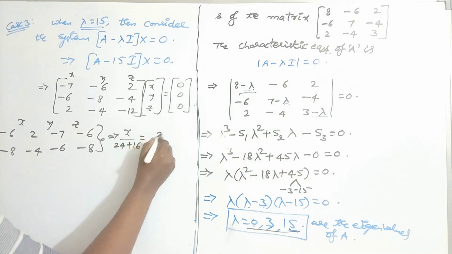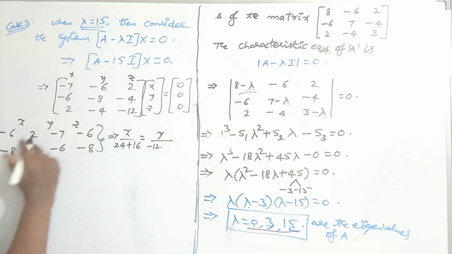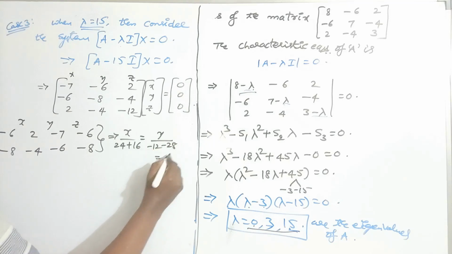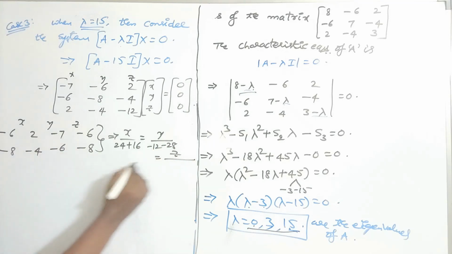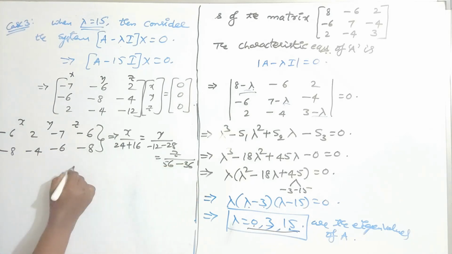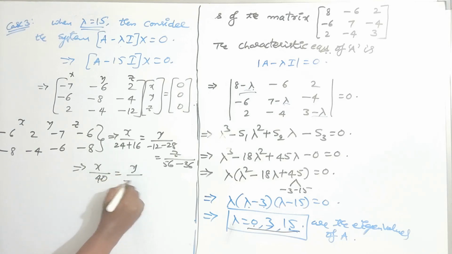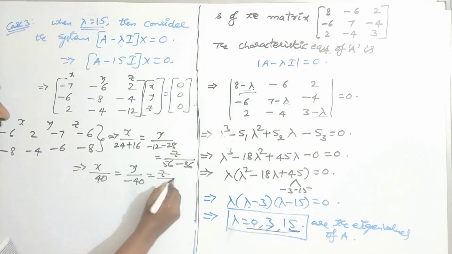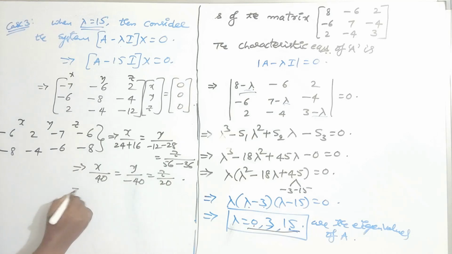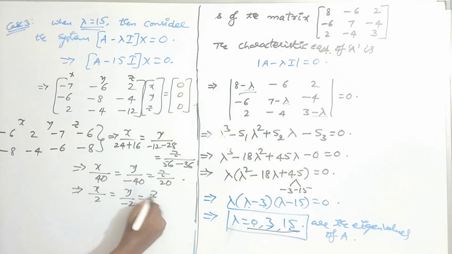Y by -12, -28. Finally z by 56 minus of minus plus -36. So however it is x by 40, y by -40, and z by 20. So 2 gets cancelled. X by 2, y by -2, z by 1.